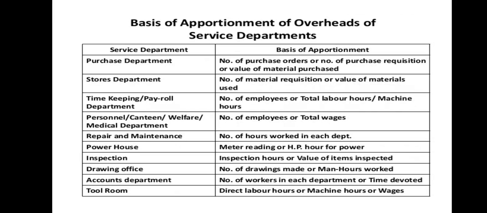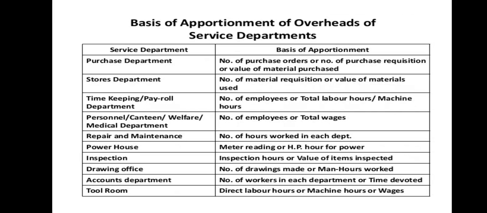Next, timekeeping or payroll department: number of employees or total labor hours or machine hours. How many hours the machine ran, on the basis of which timekeeping should be maintained, or else the number of employees employed for a particular job or the number of labor hours.